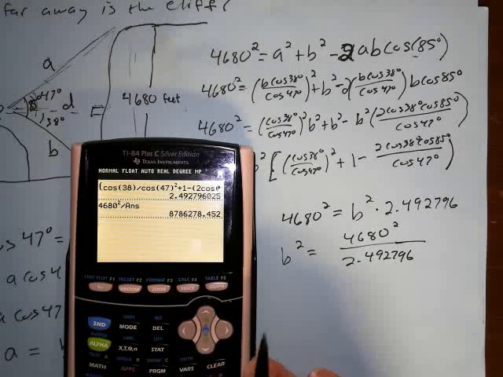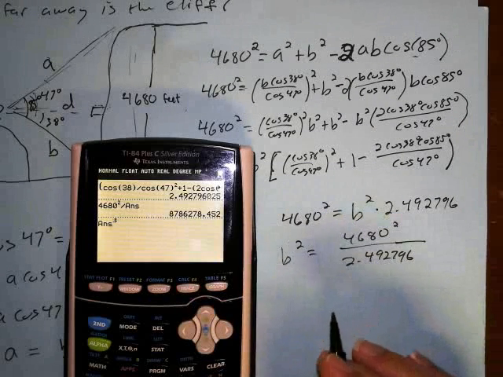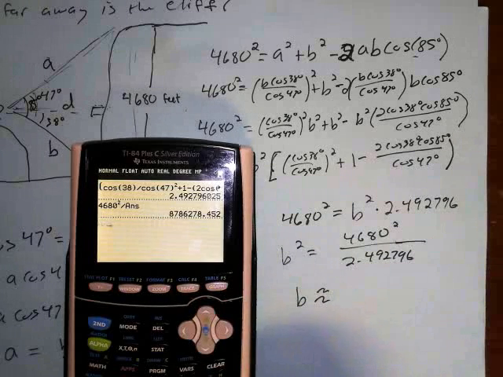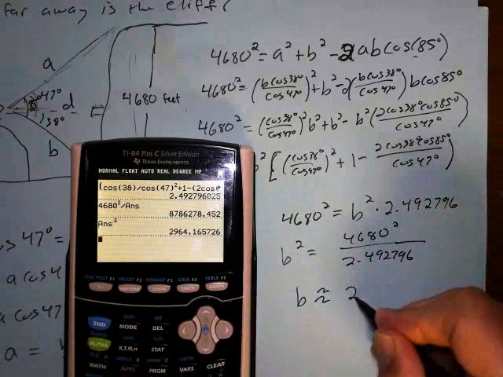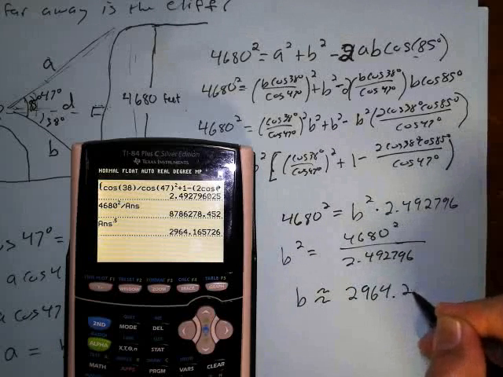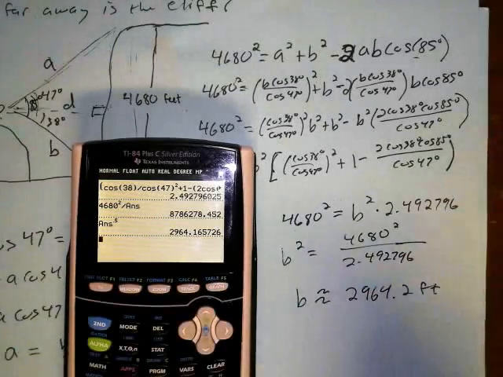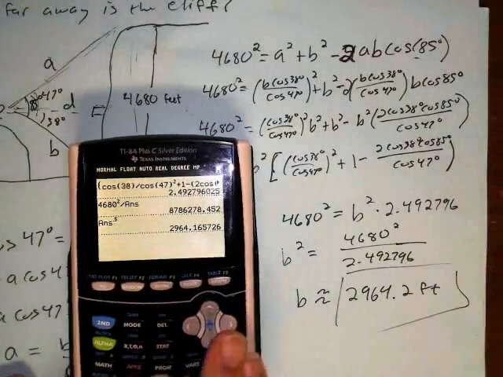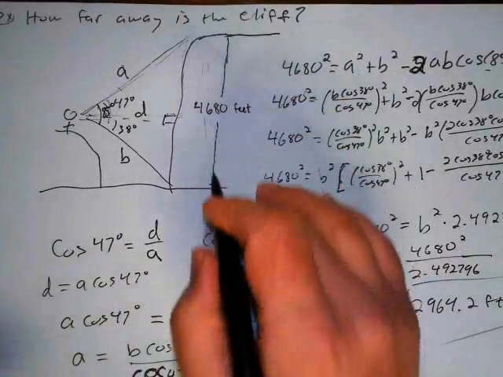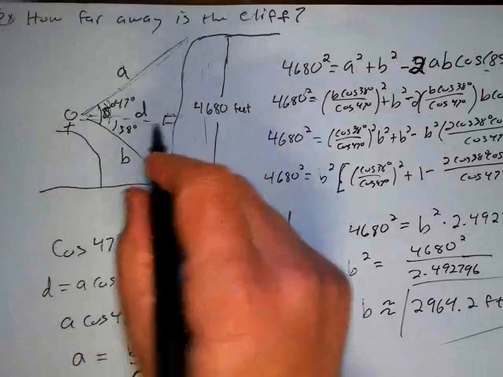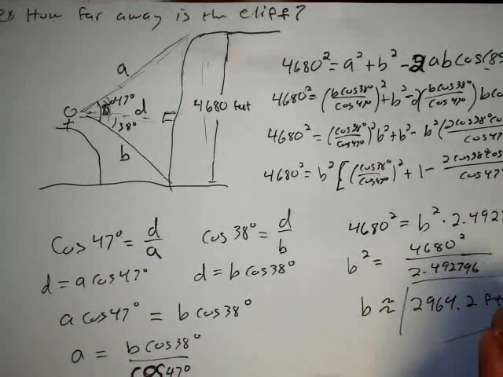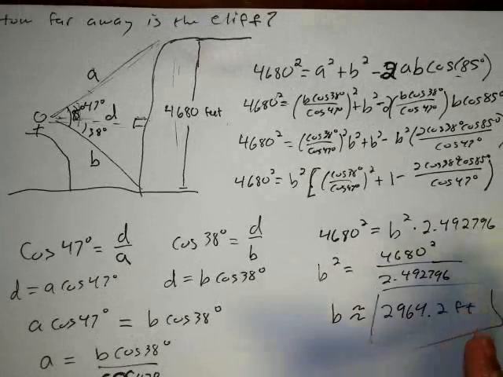So now I'll take the square root of all that, and I'll get that b is approximately equal to 2,964.2 feet. And that actually is believable. It makes sense, doesn't it? If that is 4,680 feet, that's 2,964 feet. Okay, so that was a serious problem.